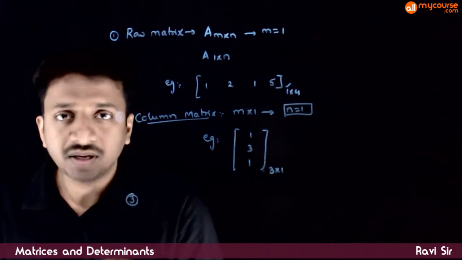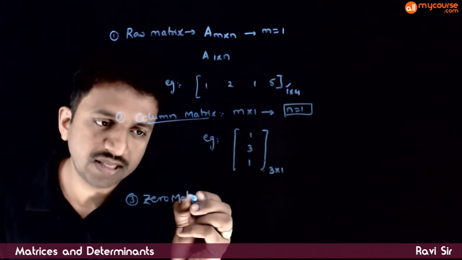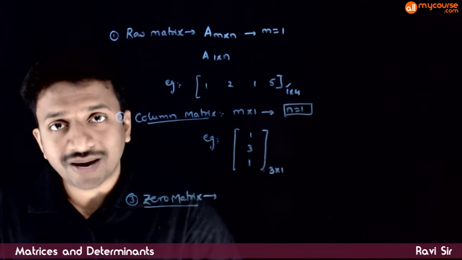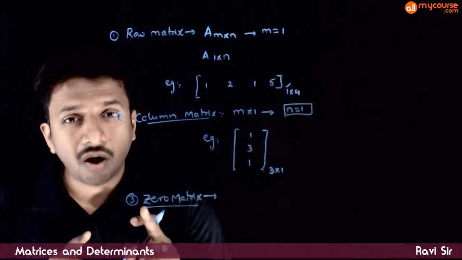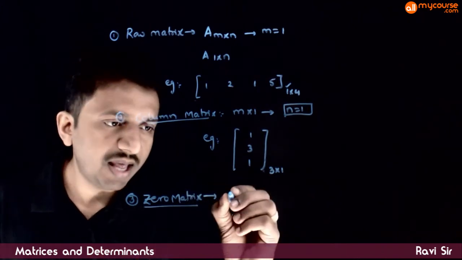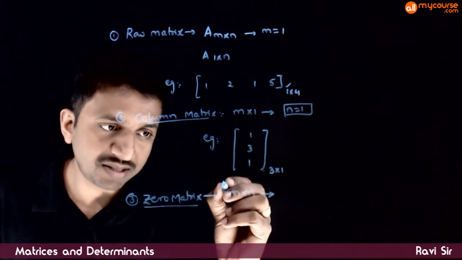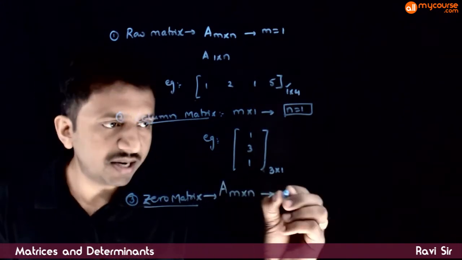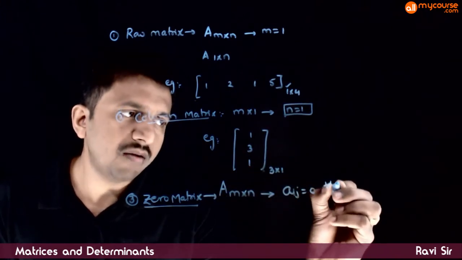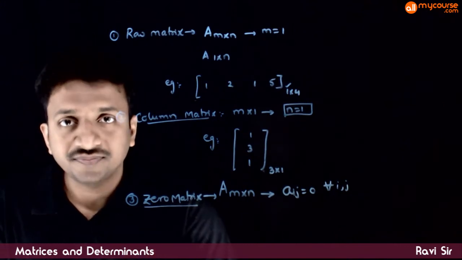And the next type is called a zero matrix. What is the definition of zero matrix? A matrix where all the elements are 0 is called a zero matrix. A matrix A, m by n, such that Aij is equal to 0 for all values of i, j is called a zero matrix.